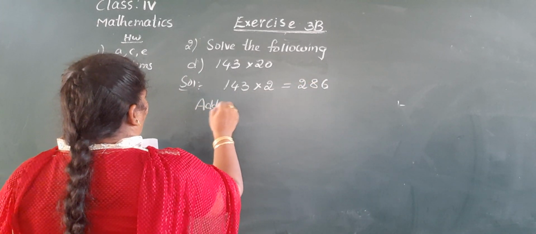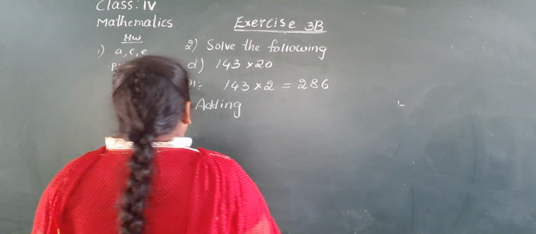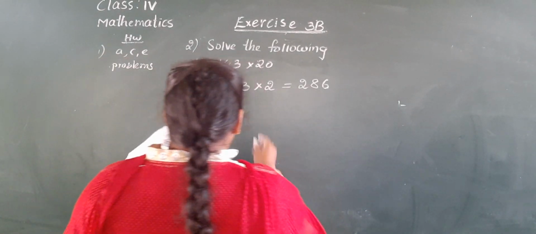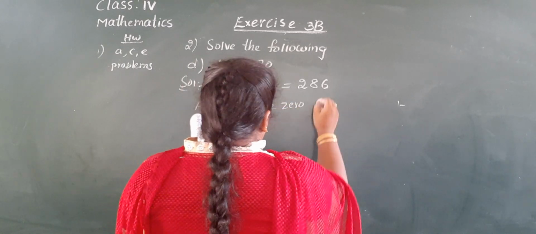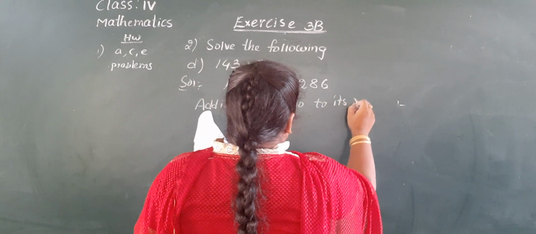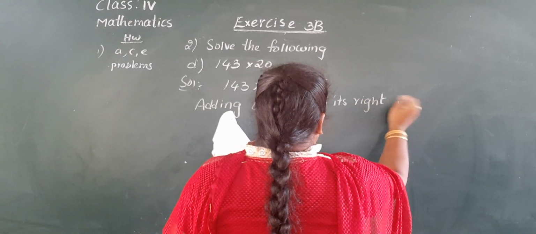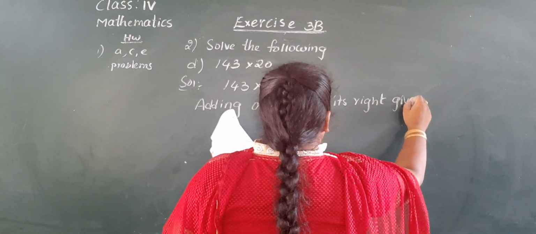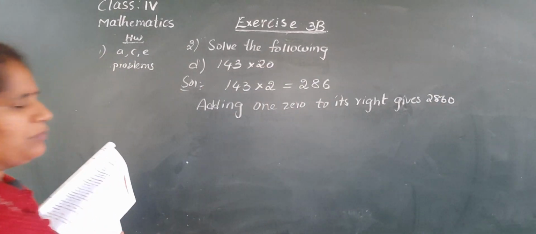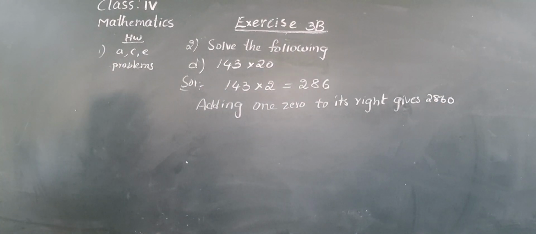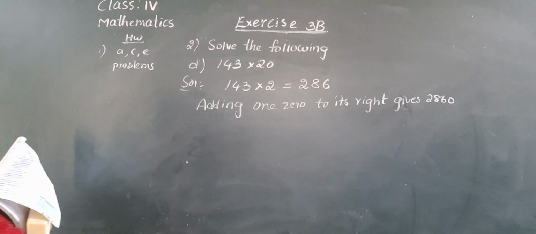Now adding 1 zero to its right gives 2860.